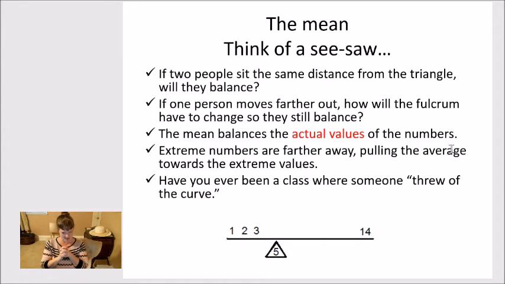And what do I mean by that? It balances the actual stuff. Well, that means if you have really extreme scores, the average gets pulled towards those extreme scores. You might recall our discussion of skewed distributions, right? Skewed distributions have extra scores only on one side when you're looking at the peak and the tails.